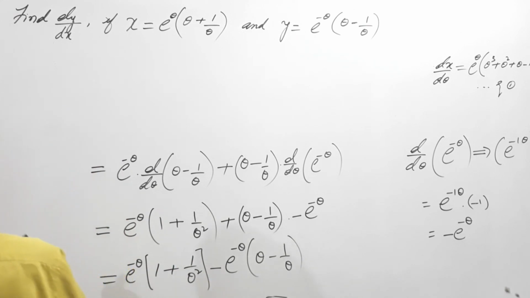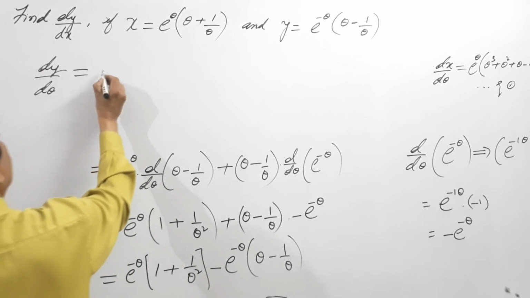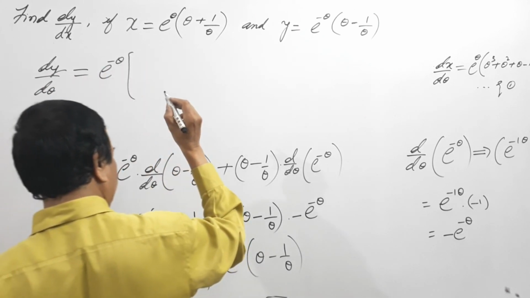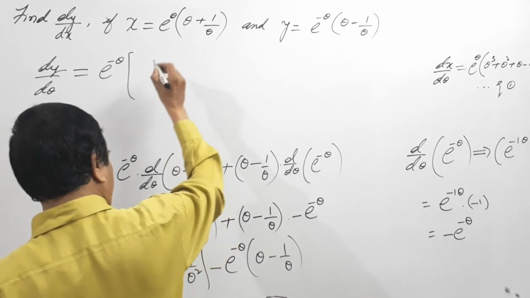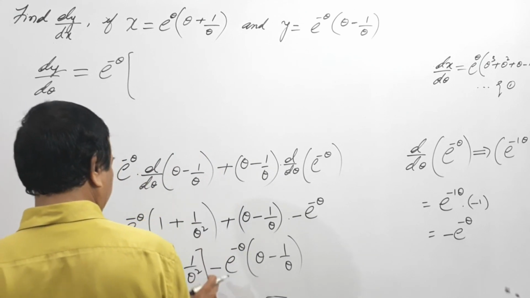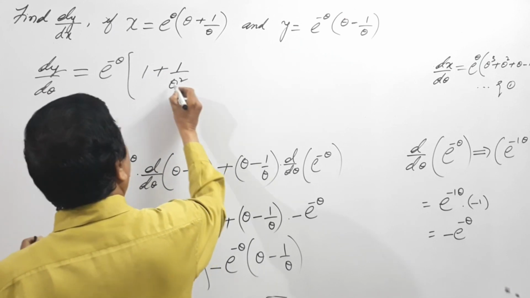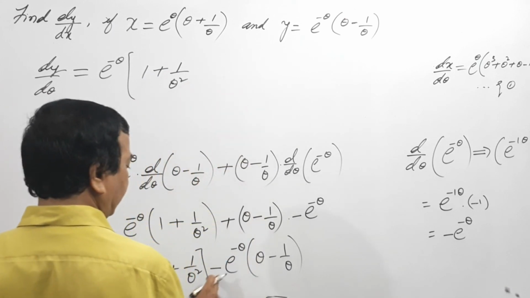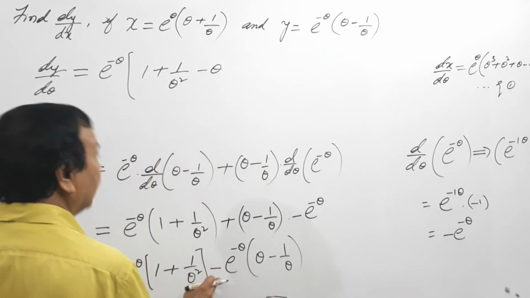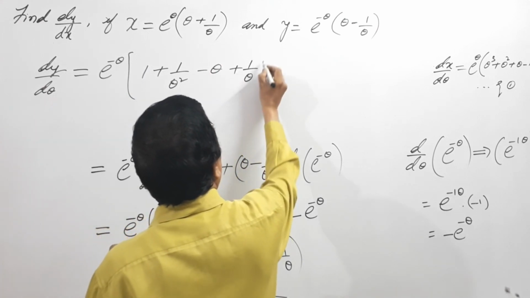E to the power of minus theta is common, that is dy by d theta equals to e to the power of minus theta is common. I have taken 1 plus 1 by theta square. So this becomes minus theta, because this goes here, you will have minus into theta is minus theta. So minus into minus plus 1 by theta, plus 1 by theta.